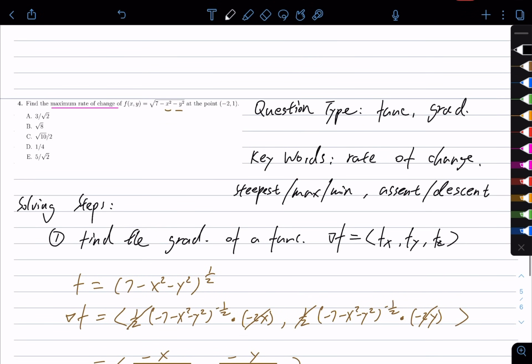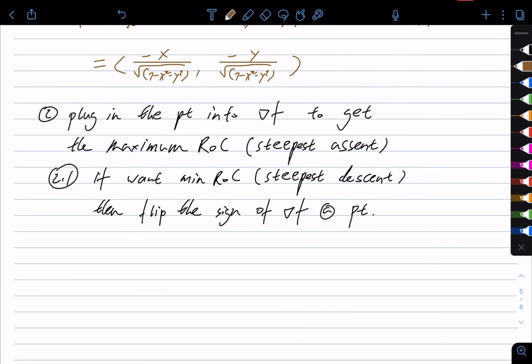In this case we want the maximum rate of change, so no need to go into 2.1.